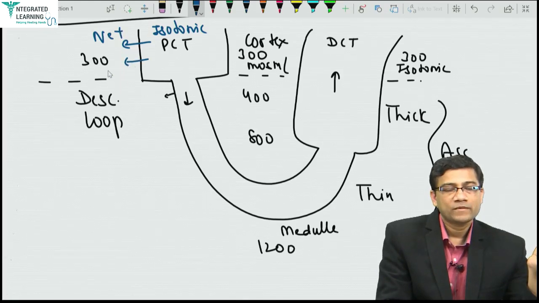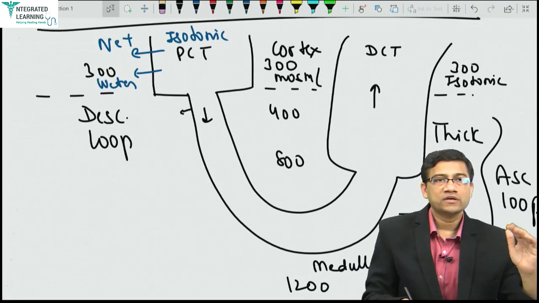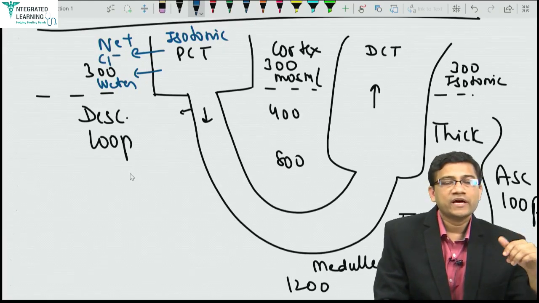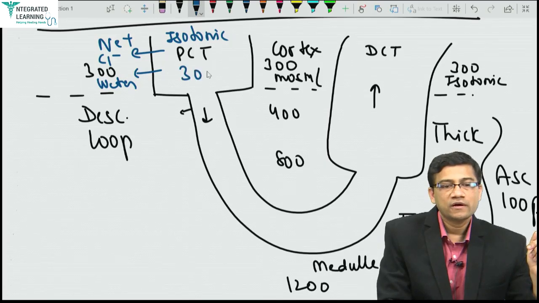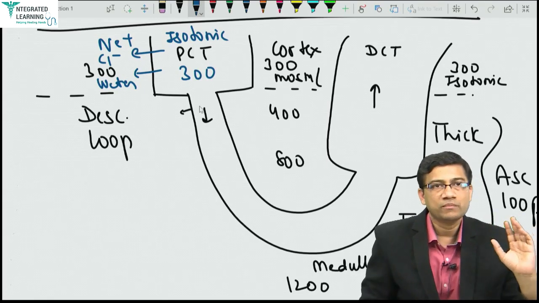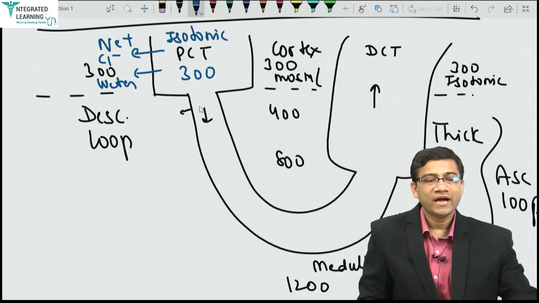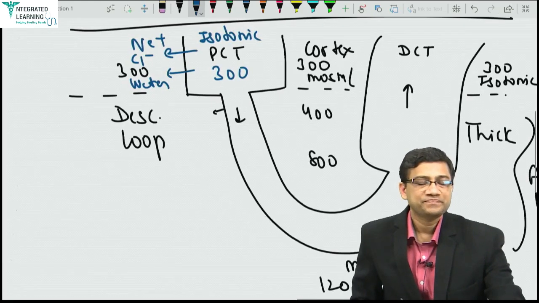Sodium, water, chloride. They are absorbed in equal quantity, 300. So that's why it remains 300. That is why the urine in PCT is isotonic, because everything is absorbed in equal quantity. Okay, now let's start the discussion.